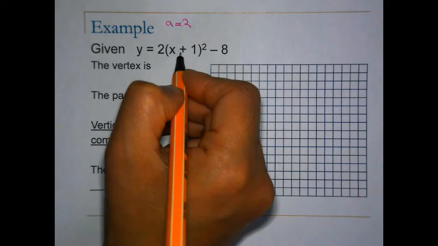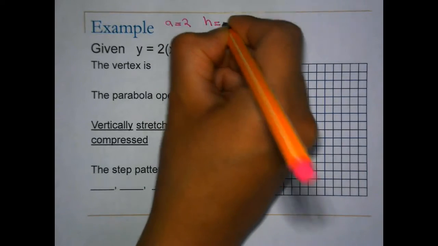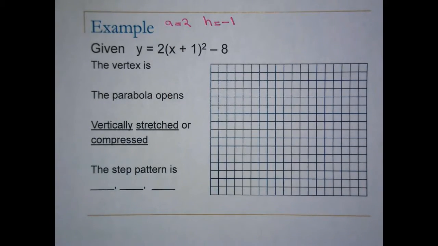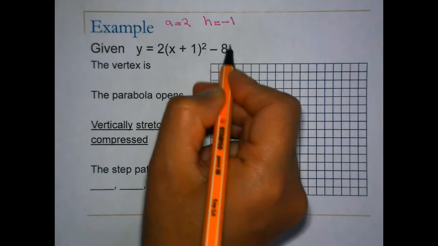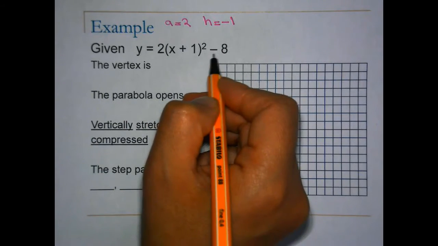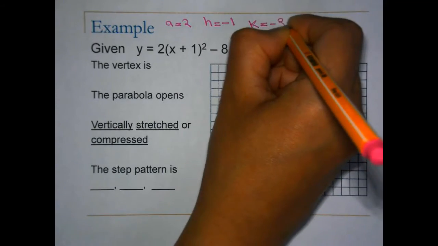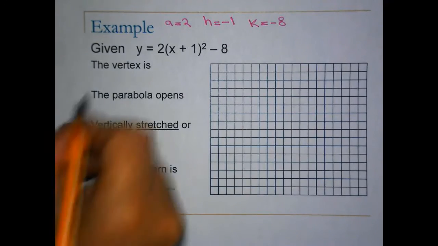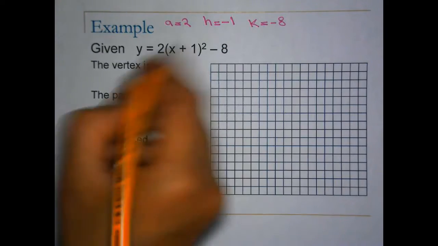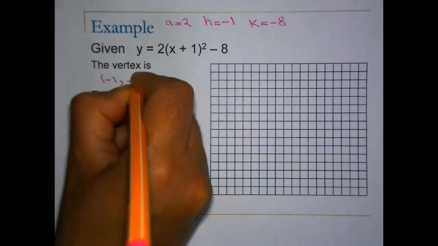So if this is plus 1, your h will be minus 1, and then your k is the number that you add or subtract to the squared value, so your k is negative 8. Now, the vertex is at h and k, so it's at negative 1 and negative 8.